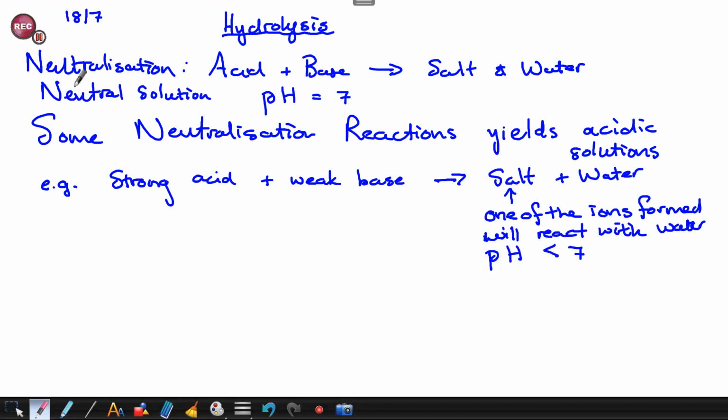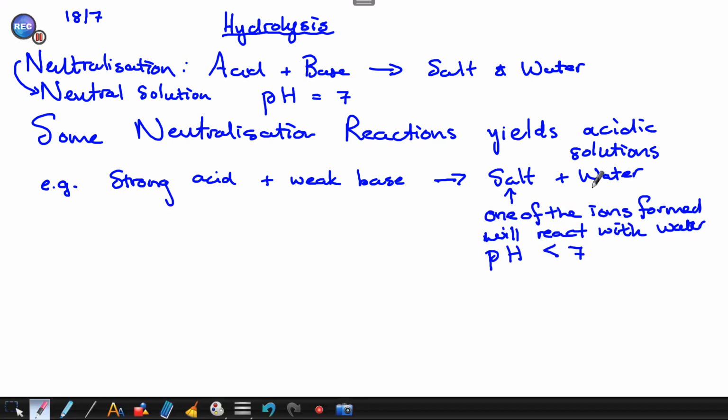So with neutralization, we expect the pH of the solution to be 7. But some of the reactions will not yield a pH of 7. It yields an acidic solution. When a strong acid reacts with a weak base, the salt that is formed during that neutralization reaction will react with the water.